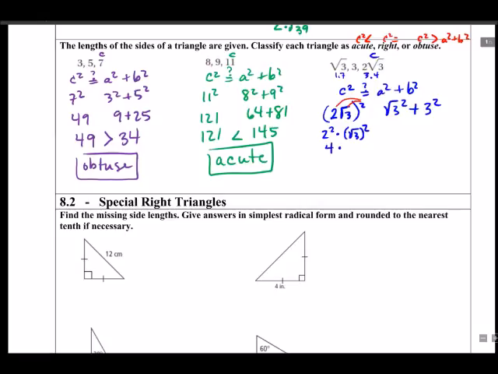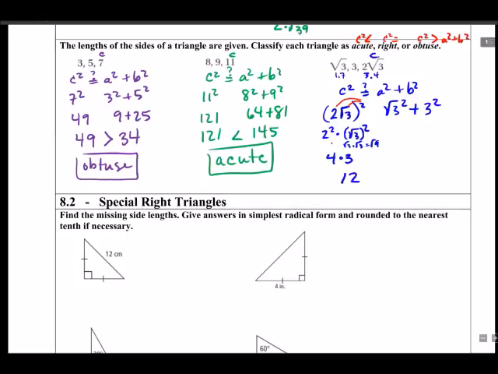That's 4 times, square and square root are opposite operations, which means they cancel each other out. So it's just 3, or you can do square root of 3 times square root of 3. Right, square root 3 times square root 3 is square root 9, which is just 3. So this is 4 times 3. So that's 12.